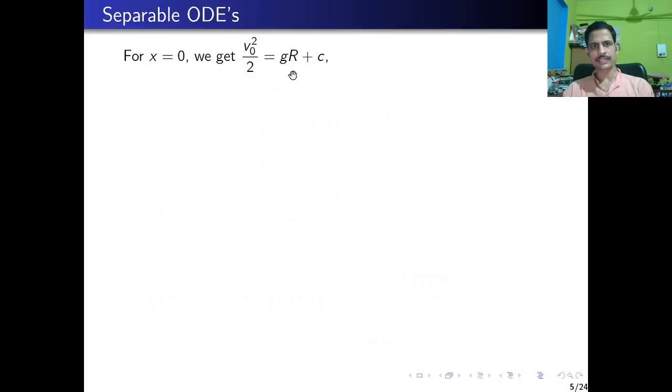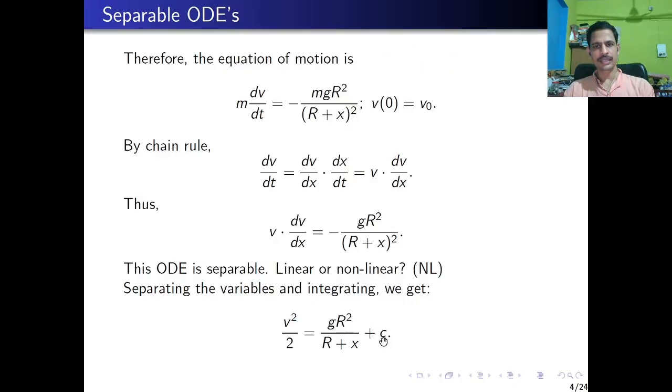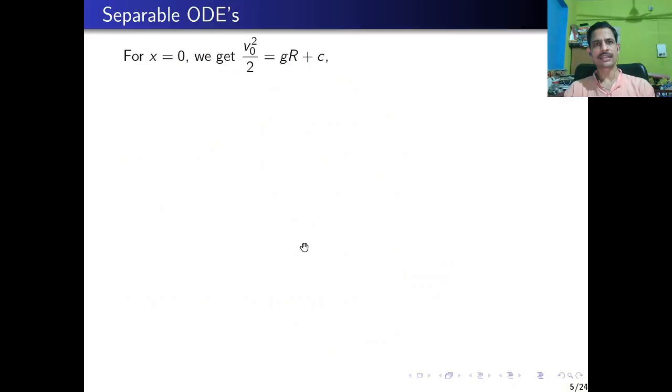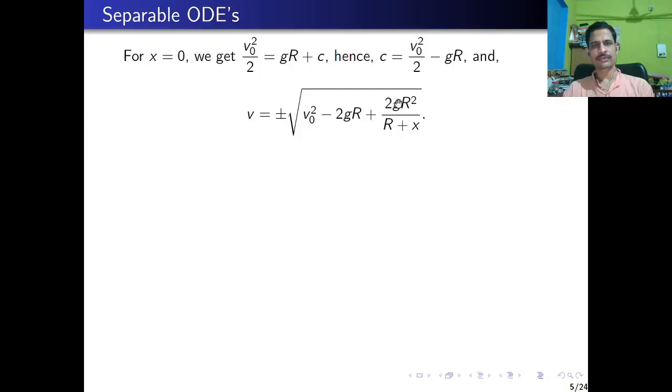So this is the expression that I was talking about. From this we can calculate what c is. So c will be equal to v0 square by 2 minus g r. This we substitute back in this equation and eliminate the constant c to get the following expression.